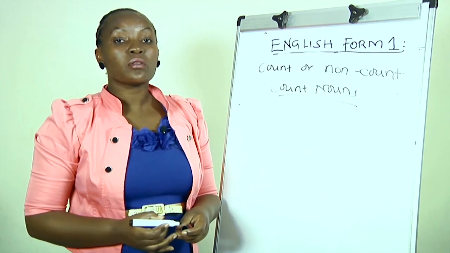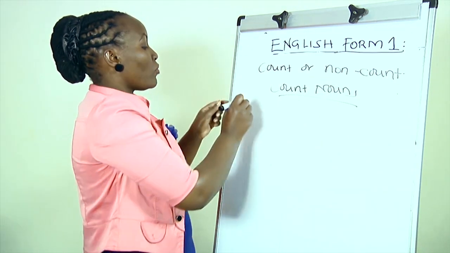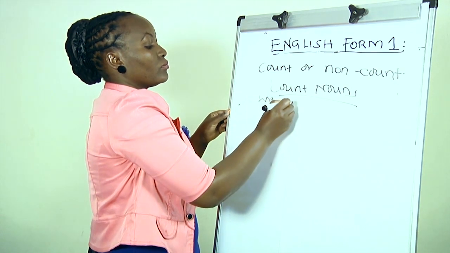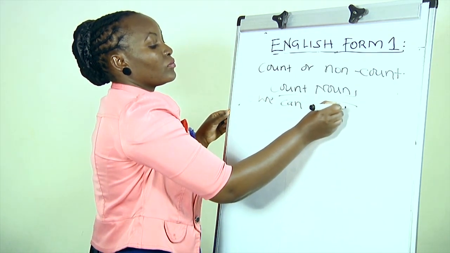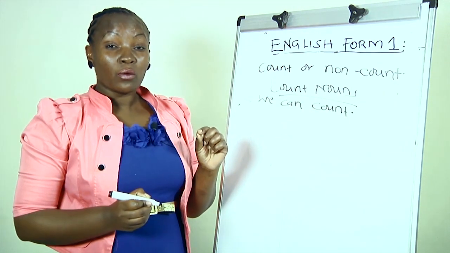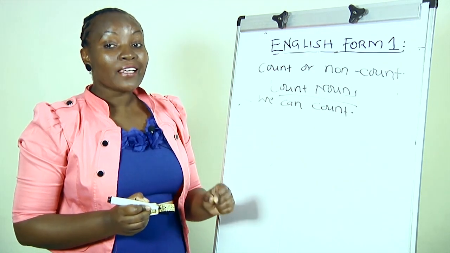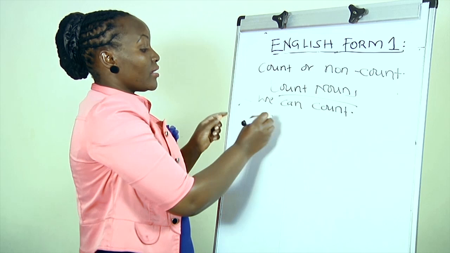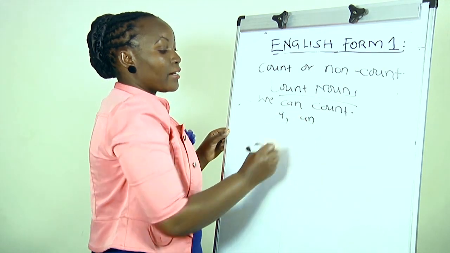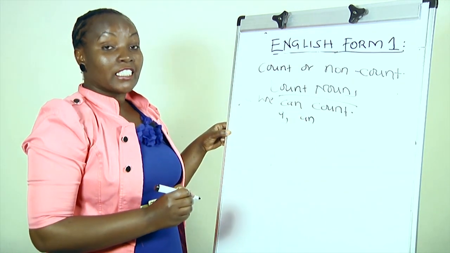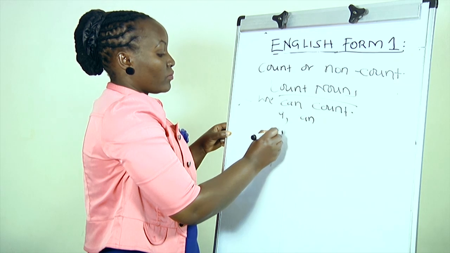Now, count nouns are nouns that we can count. One way to identify them is that in their singular form, they take a and an. For instance, I can say, give me an orange.